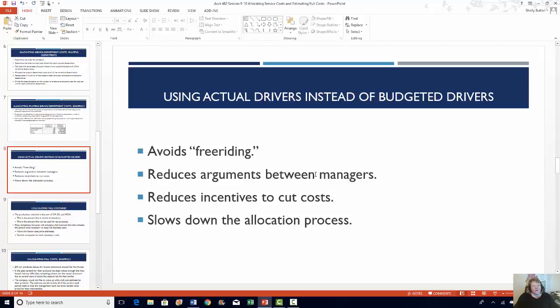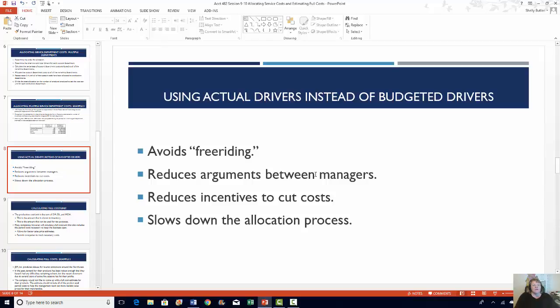Their results are going to look better than yours if you have more costs allocated to your department. So you'll find that managers don't want the charges to their department, but they want to use the resources. And that's why using the actual drivers with your POHR or SOHR is the best way to go, because then it's just a more accurate cost representation of your production.